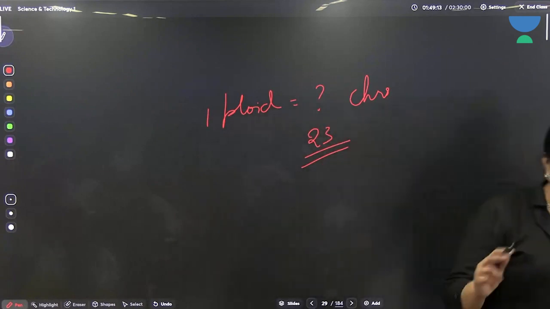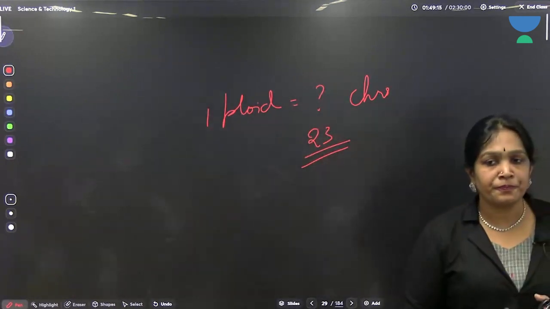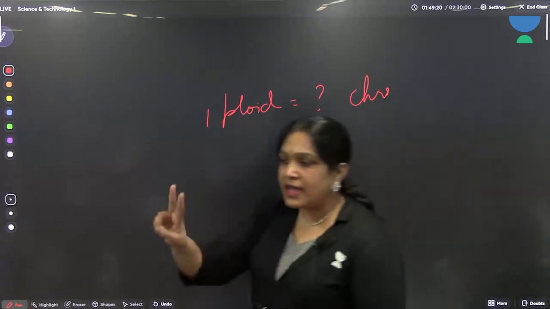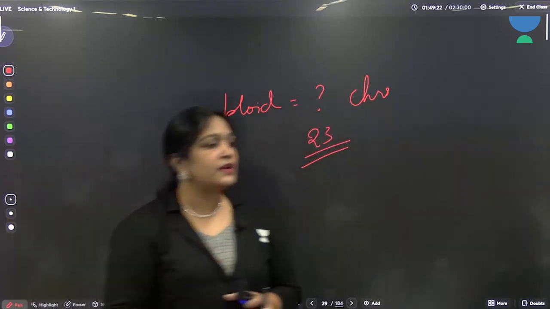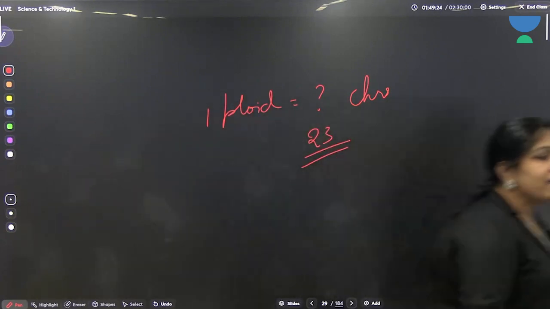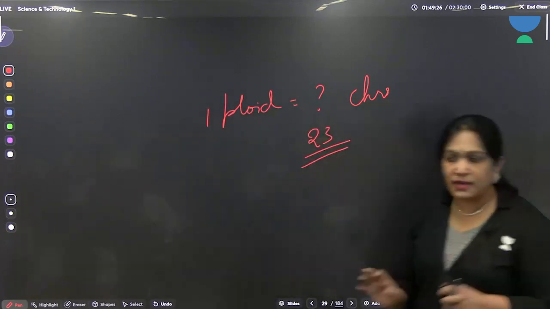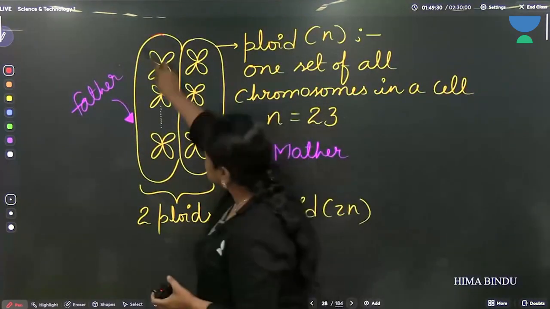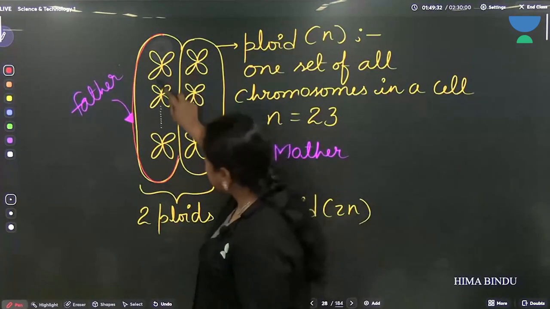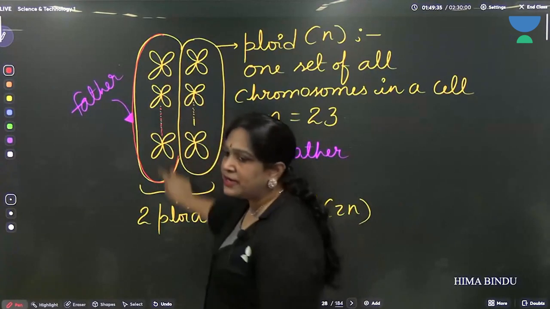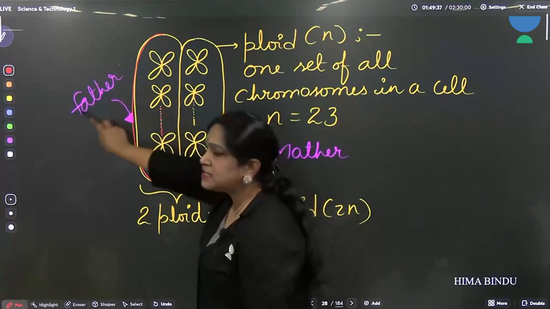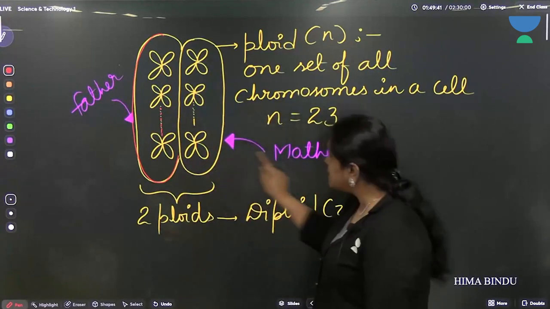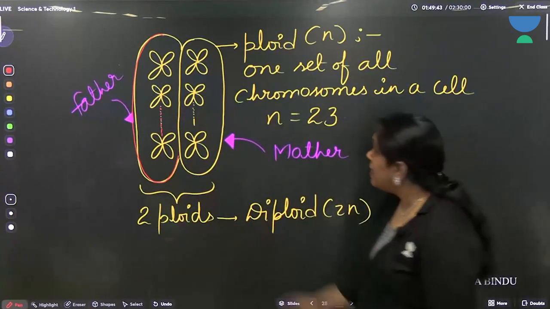So how many ploids will be in one cell? 2 ploids. So human beings are diploid organisms. Note the word. Normally we pronounce it quickly, but for clarity, I'm saying diploid. See, this is one ploid: 1, 2, dot, dot, dot, imagine 23 chromosomes. This is from the father. This is another ploid. This comes from the mother.